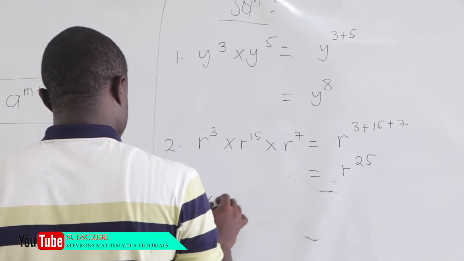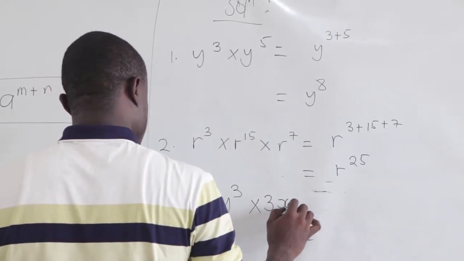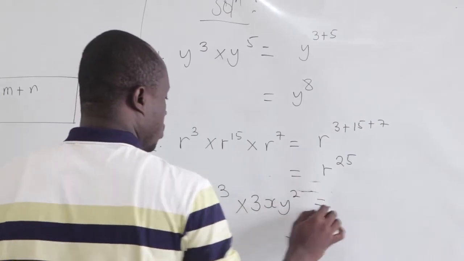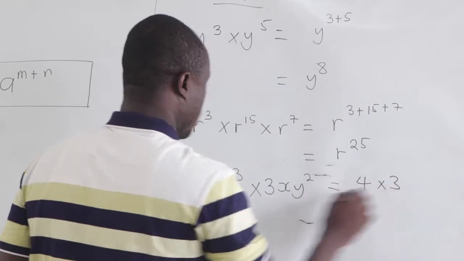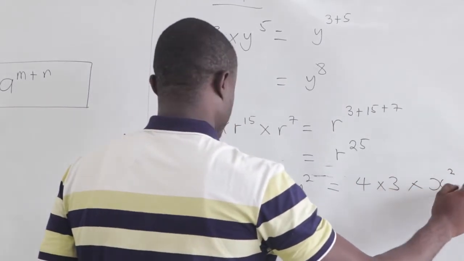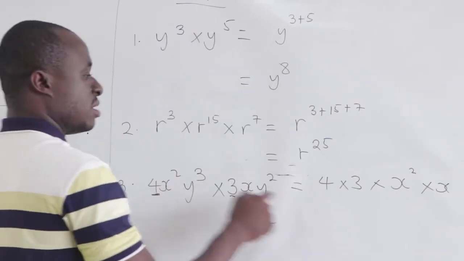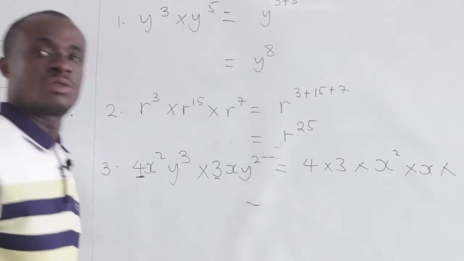We have 4x squared y to the power 3 times 3xy to the power 2. So we have numerals in front of it: 4 and 3. Then x squared times x, then y cubed times y squared.